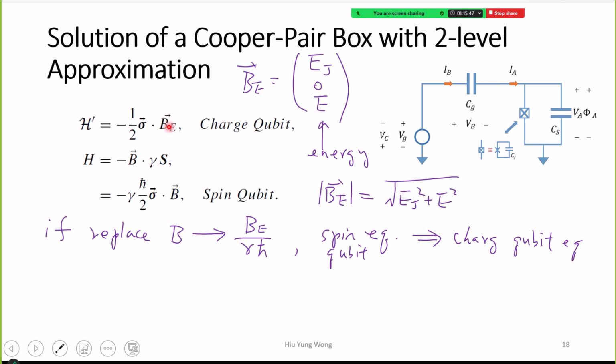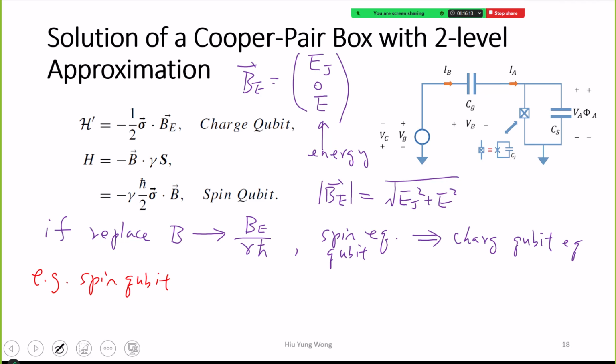Right? So the message is that whatever we have learned before can be reused here. For example, in the spin qubit, we know that if you have an external magnetic field of B, what will happen to your spin qubit? What's that mechanism? What do you call it?